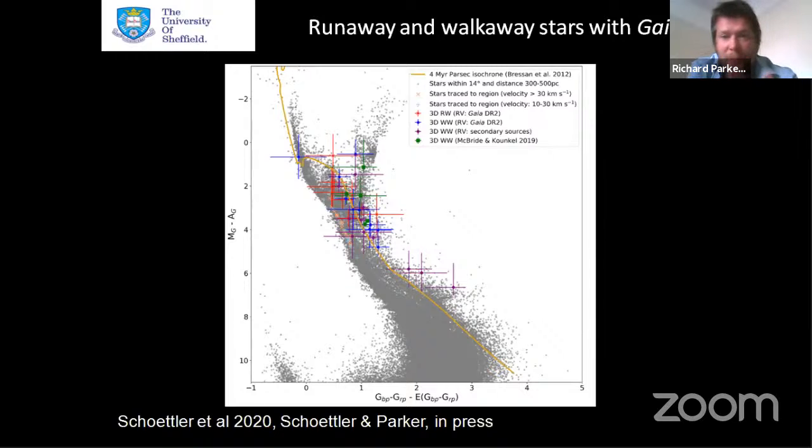And just one thing I want to highlight before getting to the effects on planet formation is that some of these stars that are older than the Orion Nebula cluster appear to be visiting stars. Christina had a look at them, and some of them have tenuous evidence for a protoplanetary disk. What we think is happening is that these stars have been ejected from one star-forming region and have then encountered the Orion Nebula cluster.